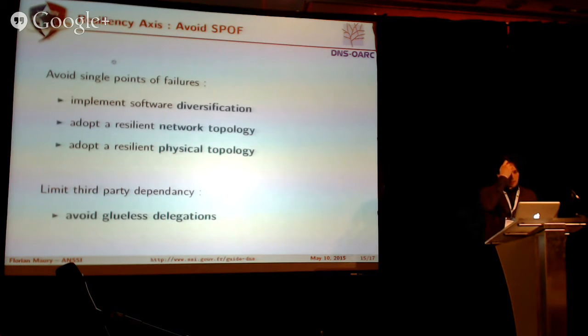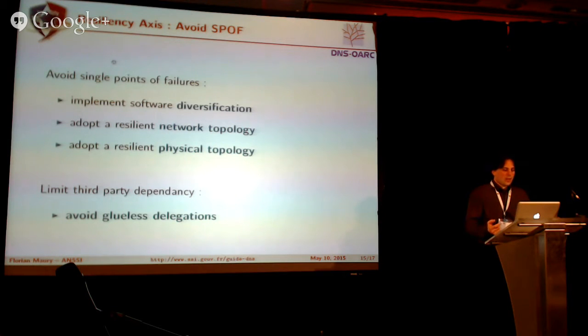We also recommend to avoid single points of failure. That means implementing software diversification and adopting a resilient network and physical topology. And that was posted on the mailing list last week. We recommend to avoid glueless delegations when they bring with them additional threats.